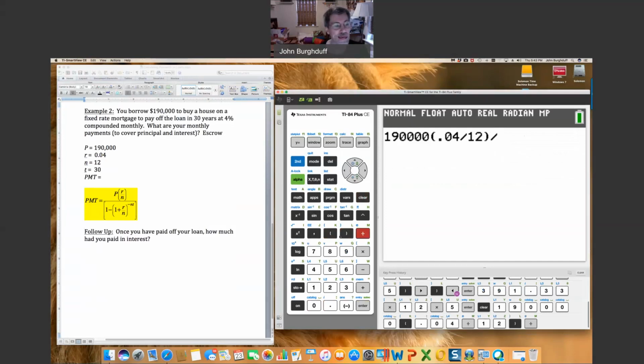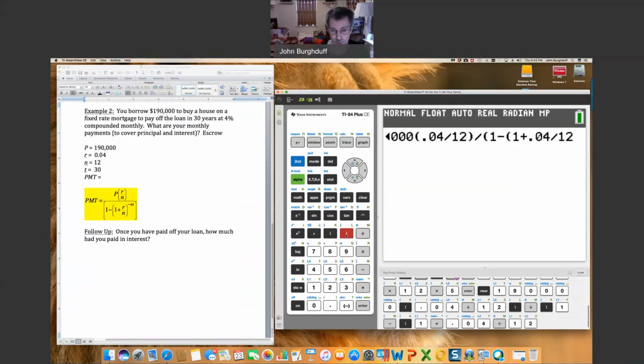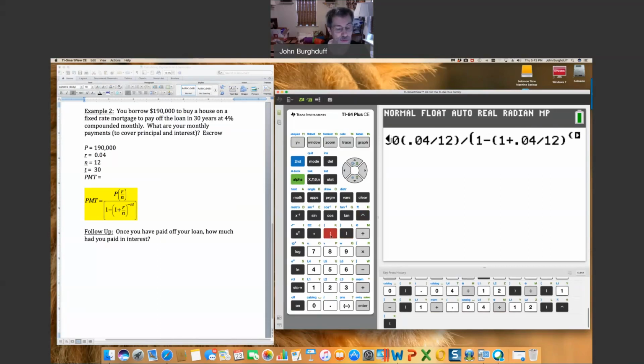So we're dividing by everything in the denominator, which must stay in parentheses. 1 minus, open parentheses, 1 plus 0.04 divided by 12, close the parentheses, raise to an exponent, keep the exponent in parentheses, negative n, which is 12 times 30, close the parentheses, get out of the exponent, close the final parentheses, enter.